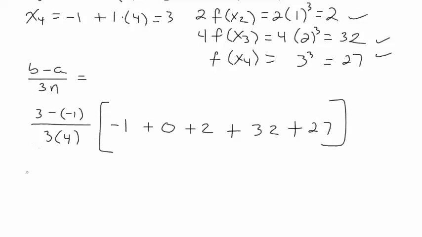And let's see what this thing is equal to. So I'm going to grab my calculator here. I'll let you do that in your head. Negative 1 plus 0 plus 2 plus 32 plus 27. And of course, I get a syntax error because I don't type stuff in right.